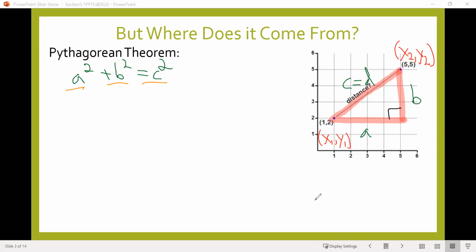Well, looking at the side length A, this one here, one thing I notice is that that length there is 1, 2, 3, 4 units. And that is also the difference in the two x values of those points, right? If I do 5 minus 1, that gives me a length of 4.